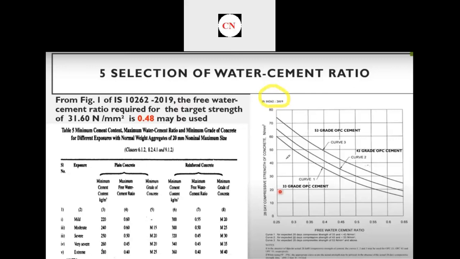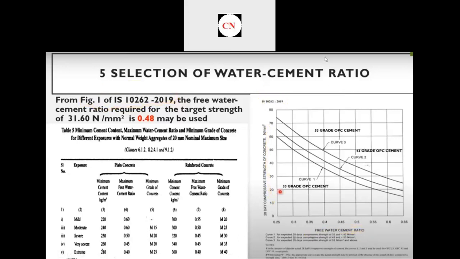This chart is given in Figure 1 of IS 10262:2019. There you can see the variation of 28 days compressive strength of concrete in Newton per mm square with respect to free water cement ratio.